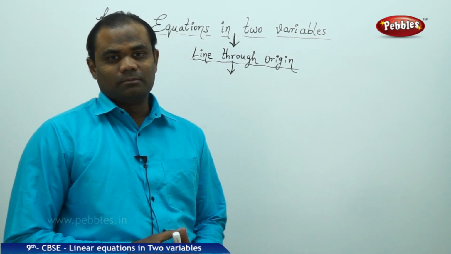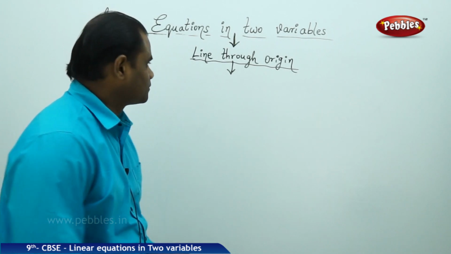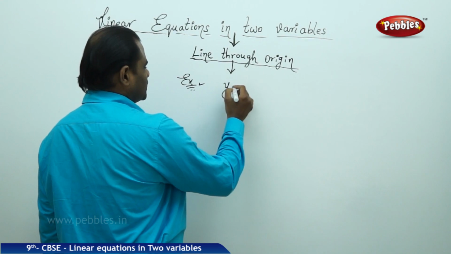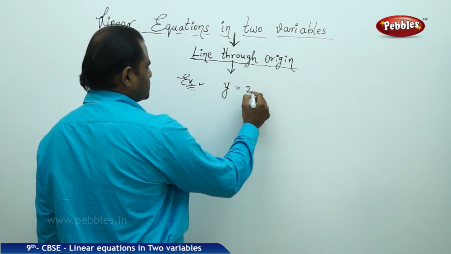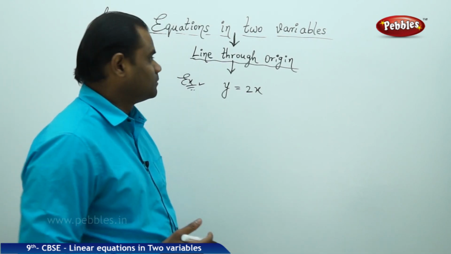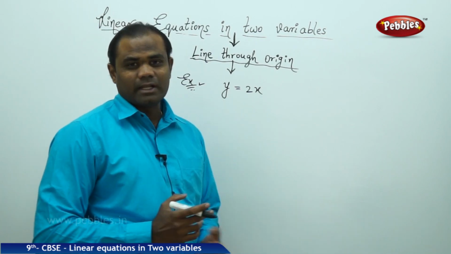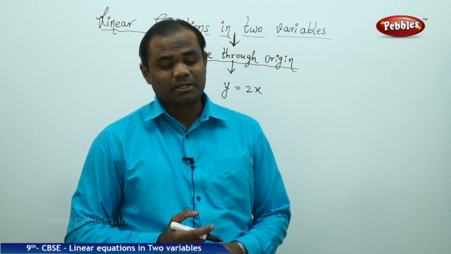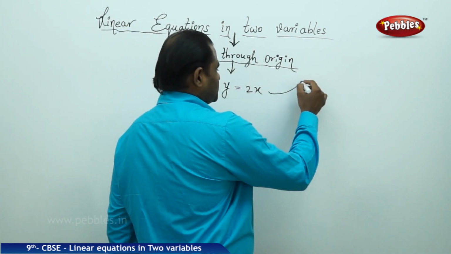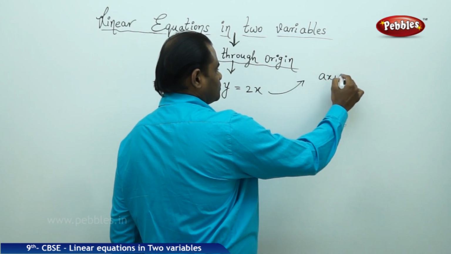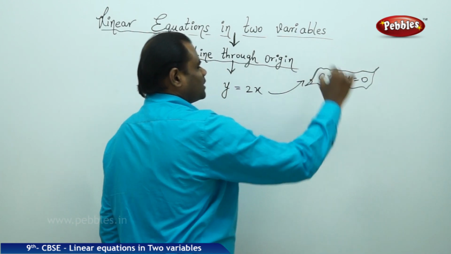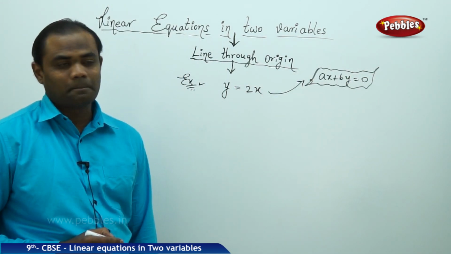Let's see an example problem in the continued session. For example, when I want to identify a line passing through origin, suppose I have y equals 2x. Clearly this is in the form ax plus by. In order to identify whether this line is passing through origin or not, I first try to reduce this into the general form, since a line passing through origin must have the condition ax plus by equals 0.